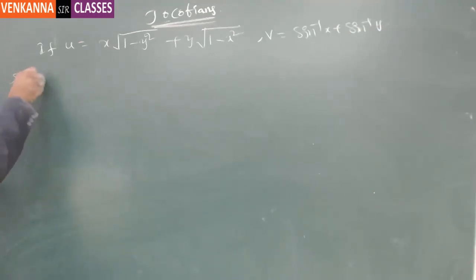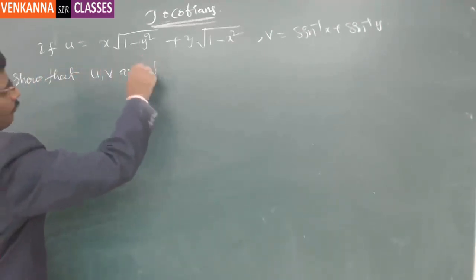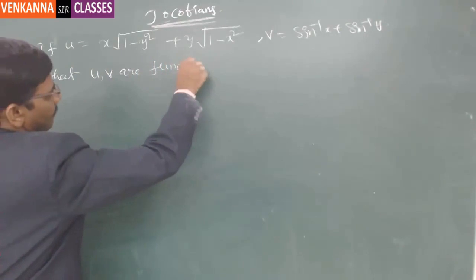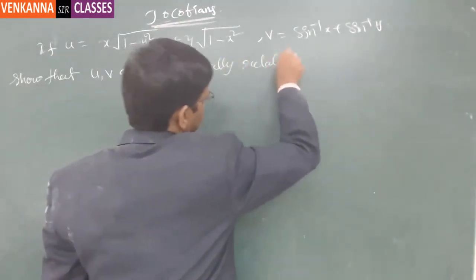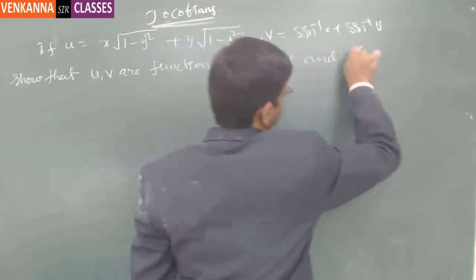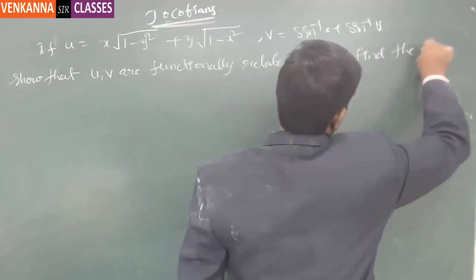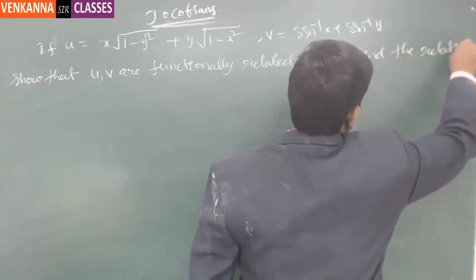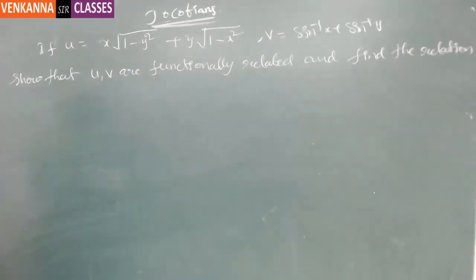Show that u, v are functionally related and find the relation. By functionally related, we mean the Jacobian has to be 0. So find the relation after finding the Jacobian.